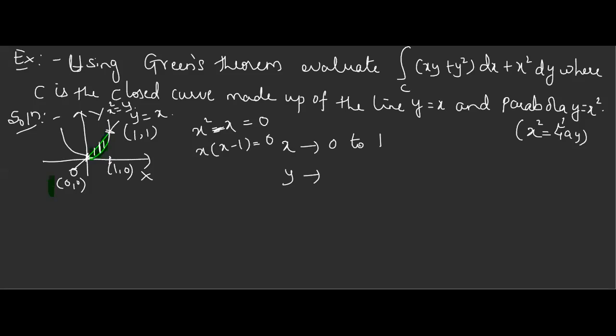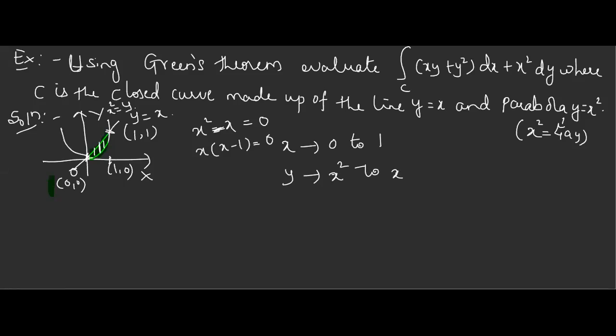From the parabola, what is the value of y? X square. So y varies from x square, the lower limit, to the upper value of y lying on the line. What is the value of y from that line?